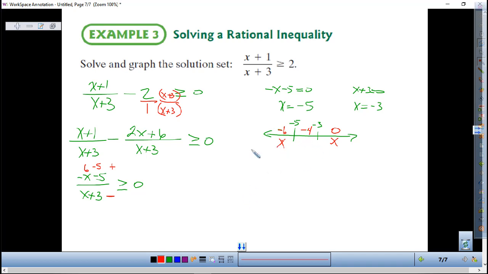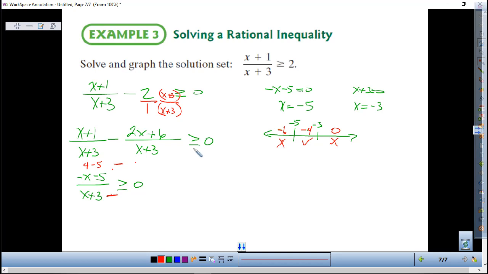So I choose -4. I plug in -4. That gives me 4 minus 5, which is a negative number, and then -4 plus 3 is also a negative number. Negative divided by a negative gives me a positive number, which is greater than or equal to 0. So that means my solution set is all the numbers in between -5 and -3.